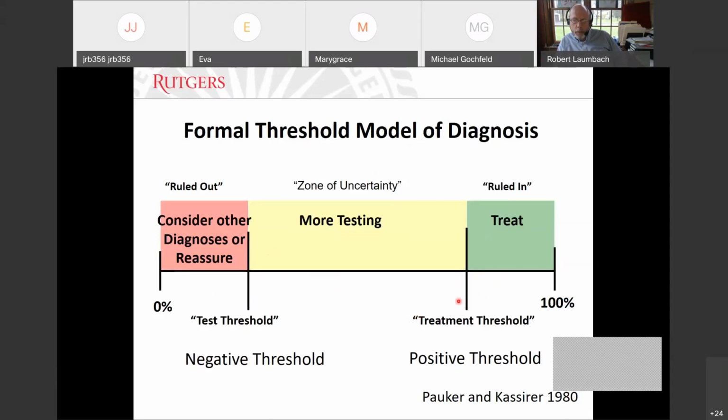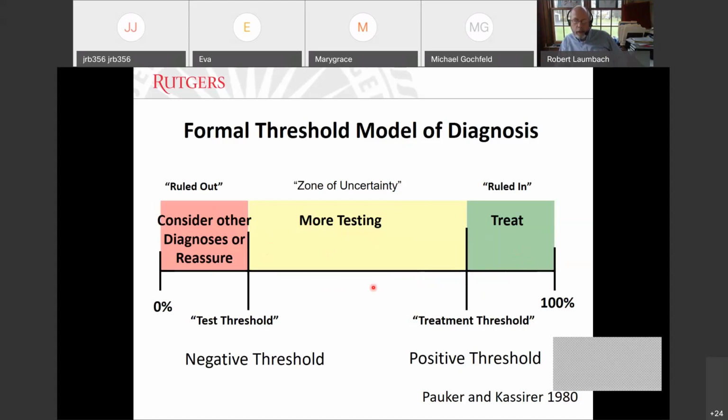And then a treatment threshold above which we say we don't need to do any more testing. We're sure enough, we have enough certainty to treat the patient. And then in between, there's a zone of uncertainty where we should do more testing.